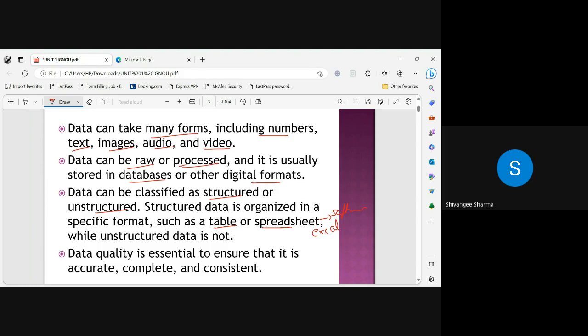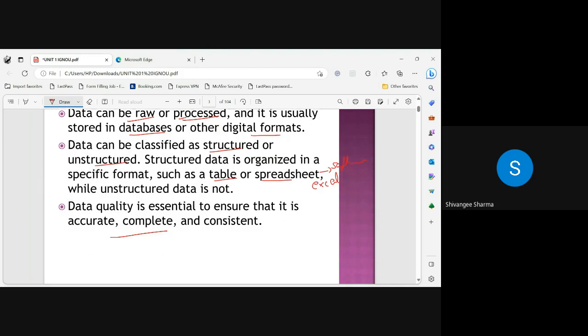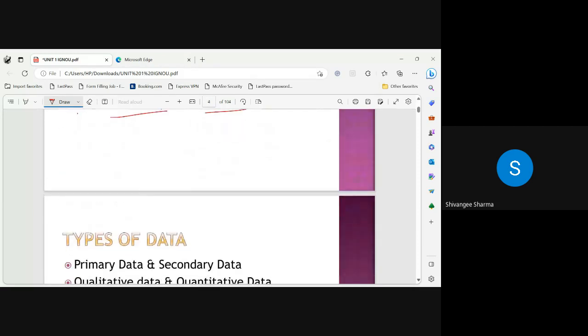So these are some software which help you to analyze or organize data in a very structured form. Quality is essential to ensure that it is accurate, complete, and consistent. So if we talk about data quality, then it must be accurate, correct, complete, and consistent. Then only the data will prove useful.